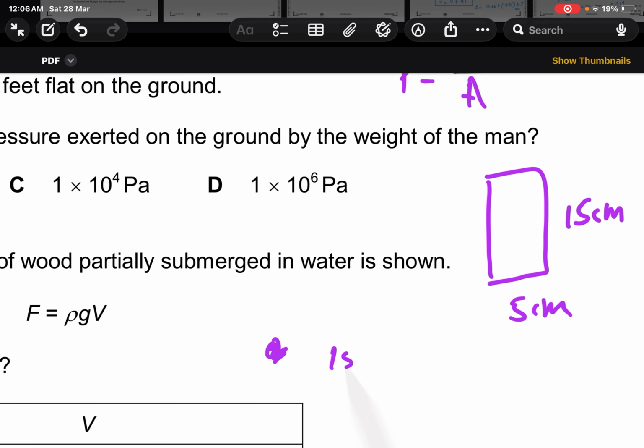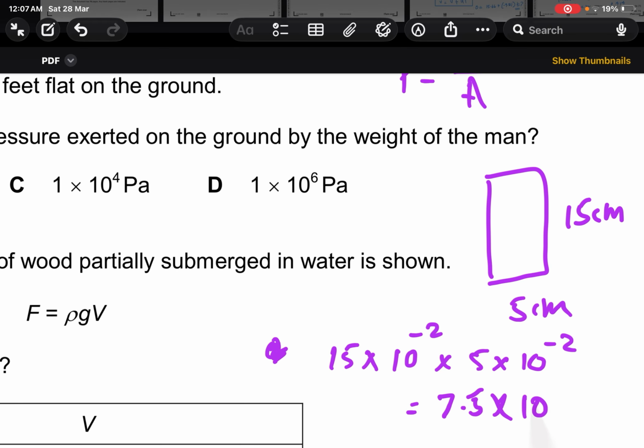So if I calculate the area, 15 को अगर meters में लिखना है, 15 into 10 raised to power negative 2 times 5 into 10 raised to power negative 2. How much area do I get? I'm just estimating it. So my estimated area comes out to be 7.5 into 10 raised to power negative 3.